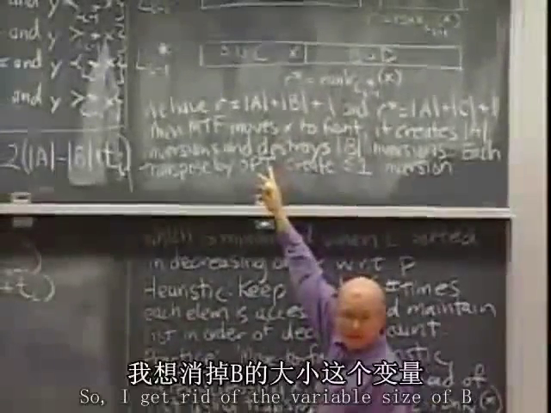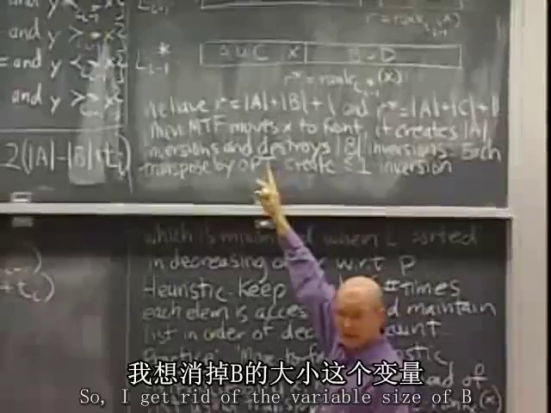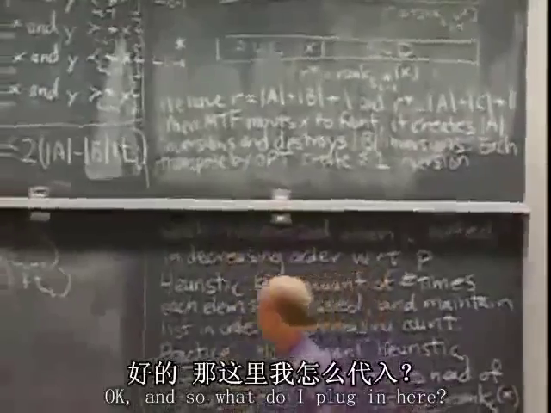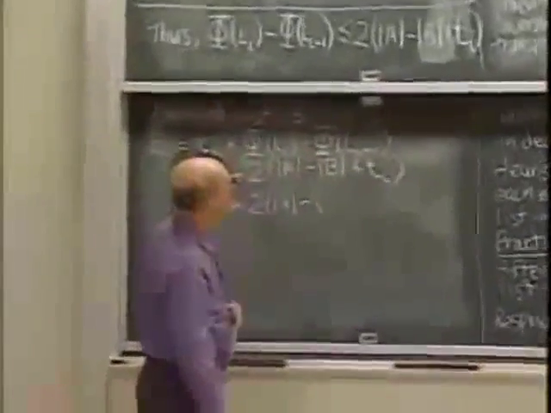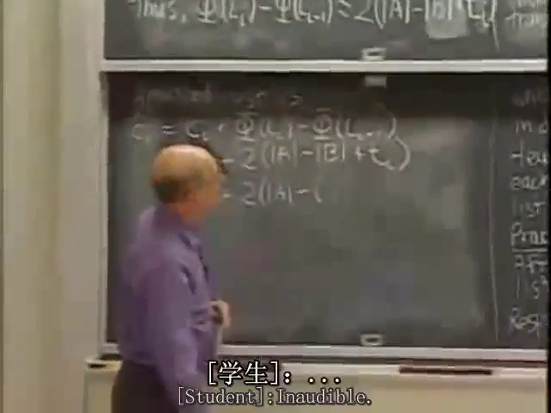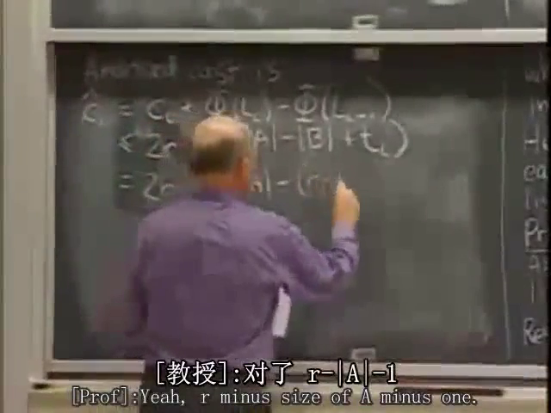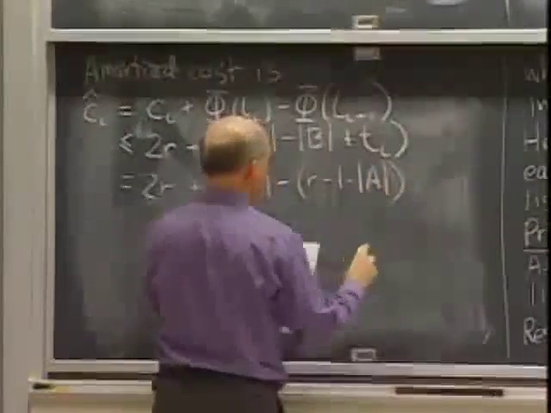So I get rid of the variable size of B by just plugging that in. And so what do I plug in here? What's B equal to? Yeah, r minus size of A minus 1. I wrote it the other way. And then plus ti.